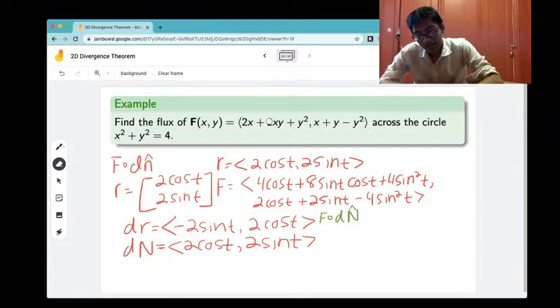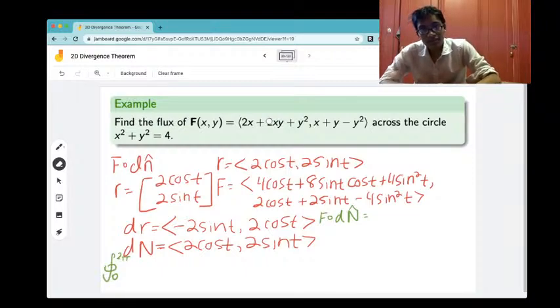I'll just write down the final answer. It's going to be the integral. I do not know the bounds, but I'm going to guess it's 0 to 2 pi because it's a circle. And what is my f dot dn going to be? It's going to be that huge thing, which I'm honestly scared to write. So let's just write it out.